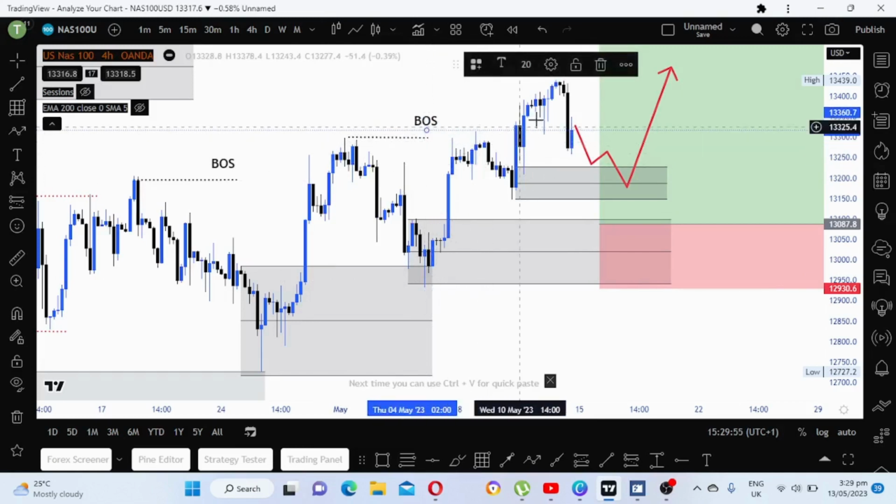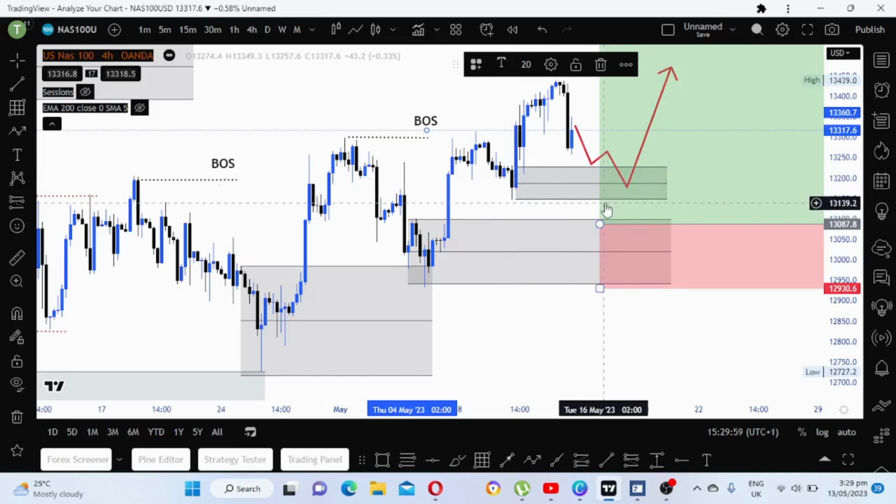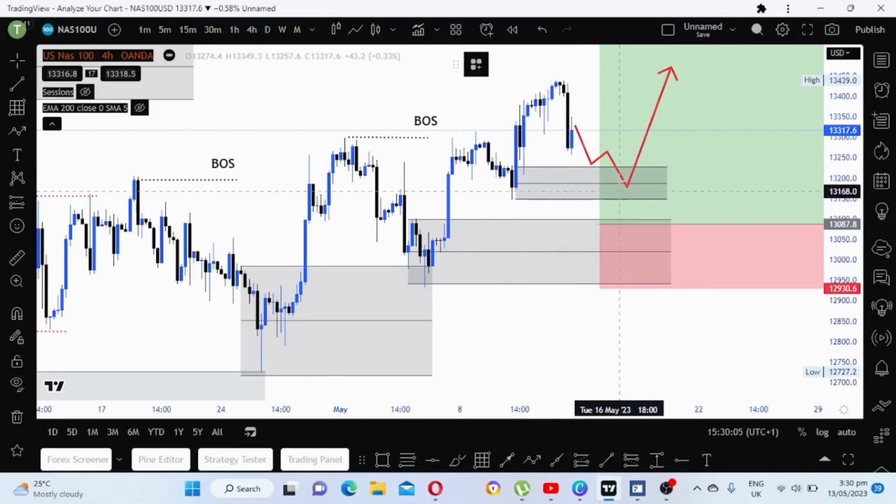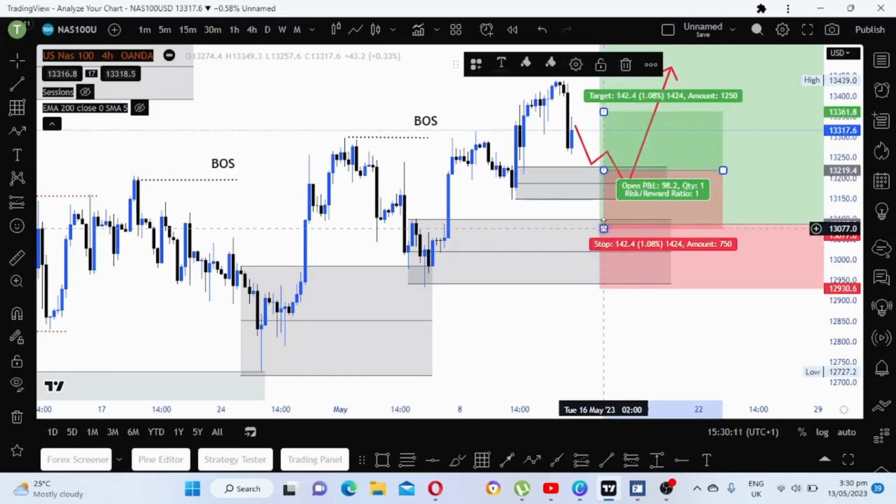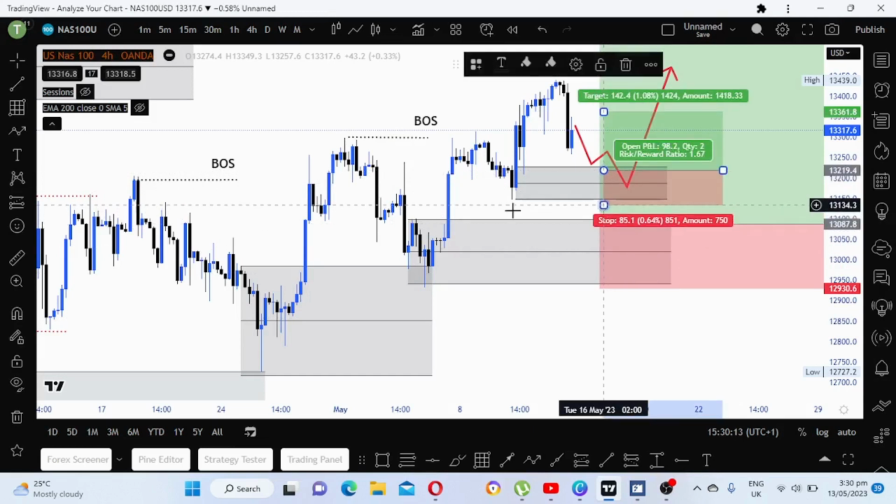So now I'm waiting for price to come back to this supply zone, and then we could buy here. That's where my buy is. My first buy is here at this supply zone, and my stop loss is just below this low here. We are making higher low, higher low.